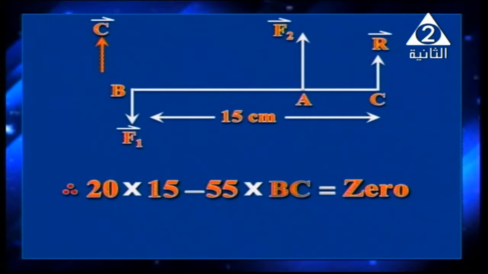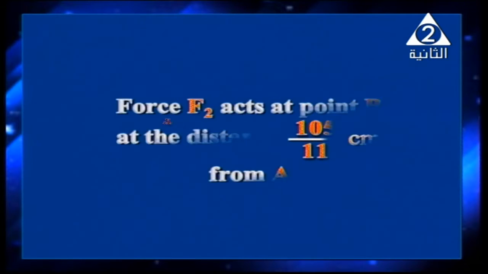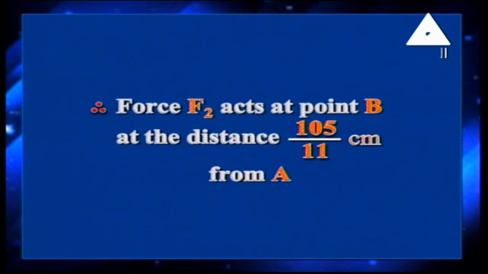Value of F1 equals 20 times 15, and taking the moment about C, BC in this case is 60 over 11 centimeter. Force F2 acts at point B at a distance 105 over 11 centimeter from A.